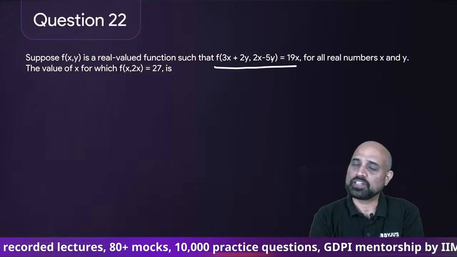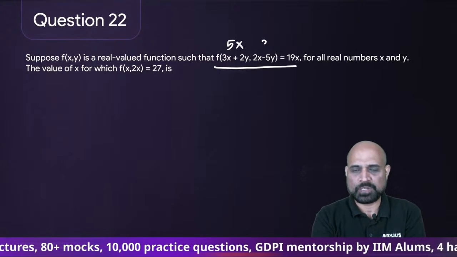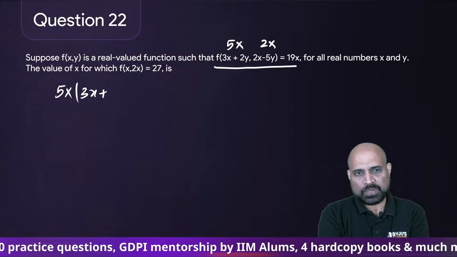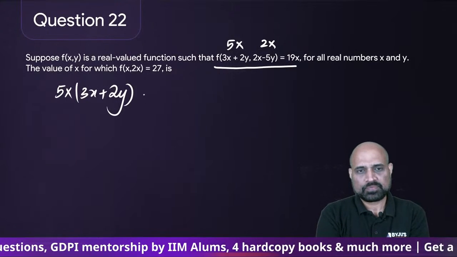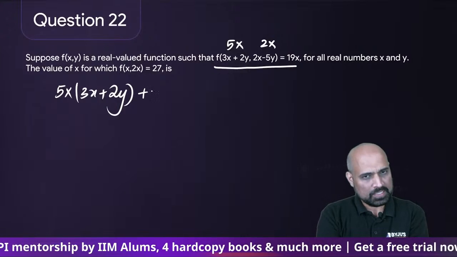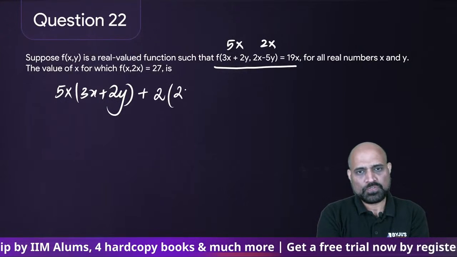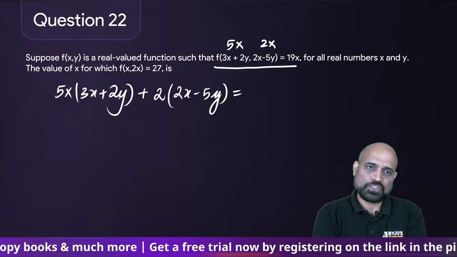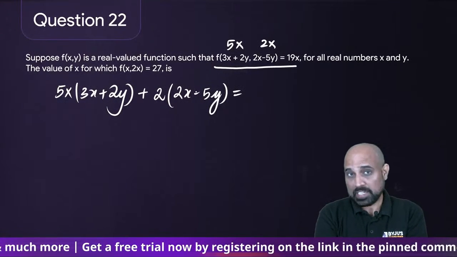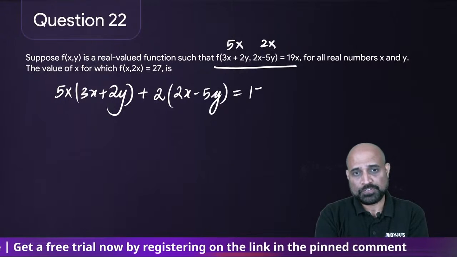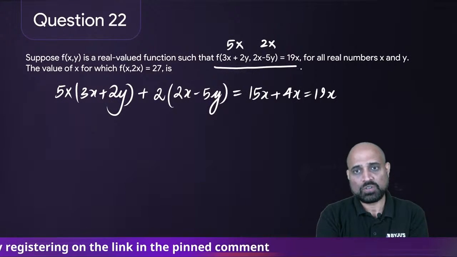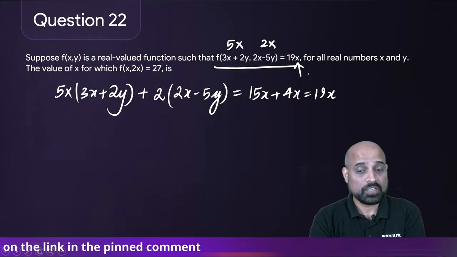2 and 5 hai. So we'll multiply this by 5 and multiply this by 2. So 5 times 3x plus 2y. Let's add 2 times of 2x minus 5y. 10y and minus 10y cancel out ho jayega. We will be left with 15x plus 4x, which is 19x. Oh, not a coincidence at all.